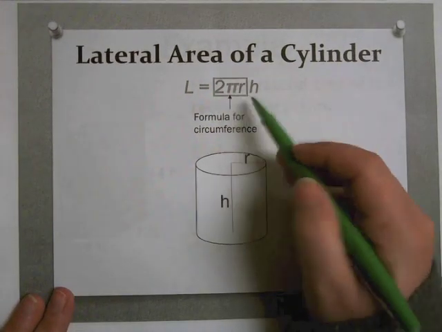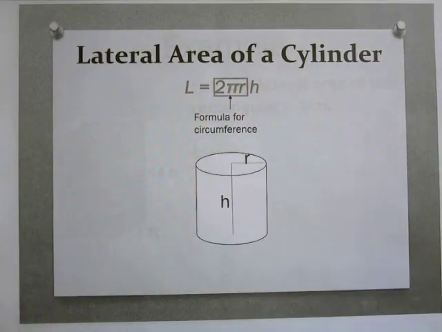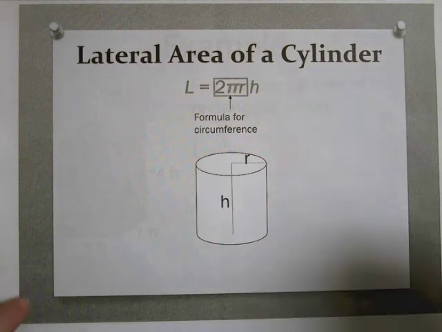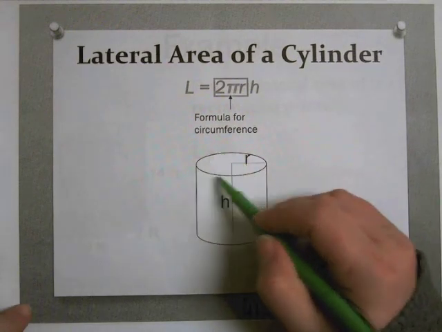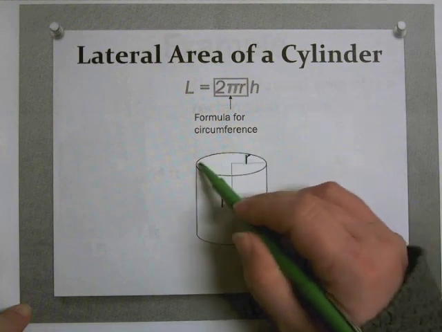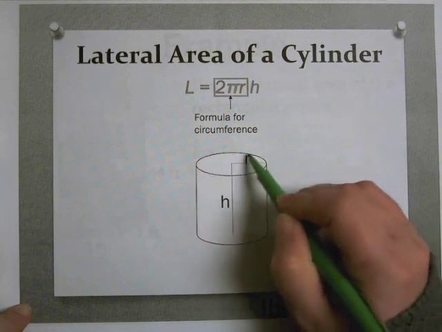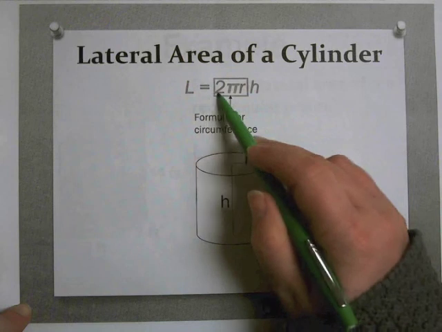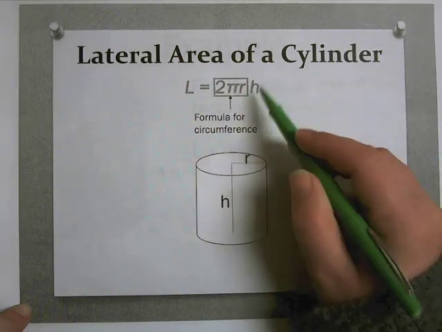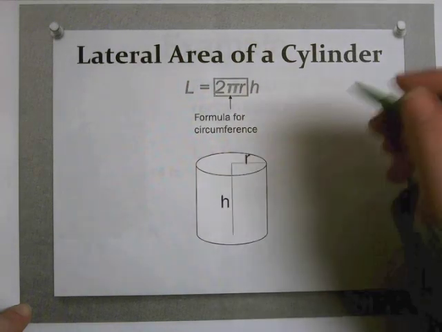For a cylinder, we have the perimeter of the base. Well, remember the base here is a circle. So if the base is a circle, then we know we're talking about circumference for our perimeter. So we find the circumference of the cylinder, which is 2 pi r, and then we multiply it by the height.